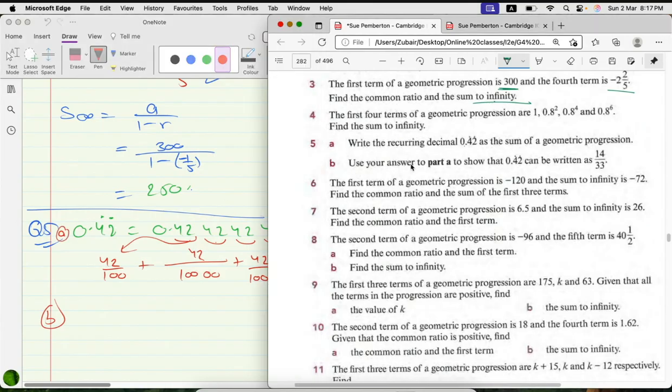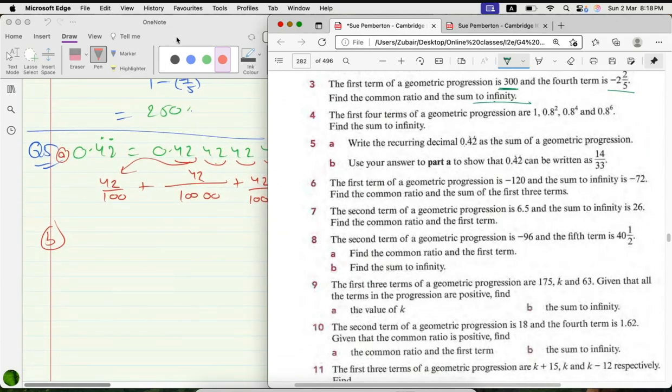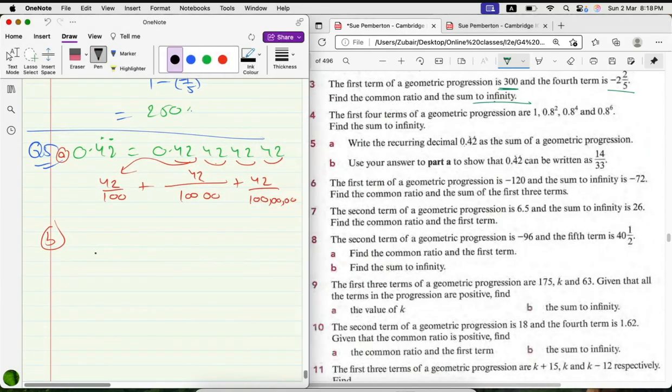Part B says use your answer to part A to show that this can be written as this. So basically sum to infinity is a over 1 minus r, where the first term is 0.42.